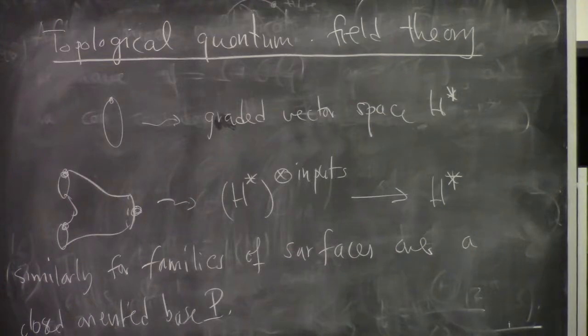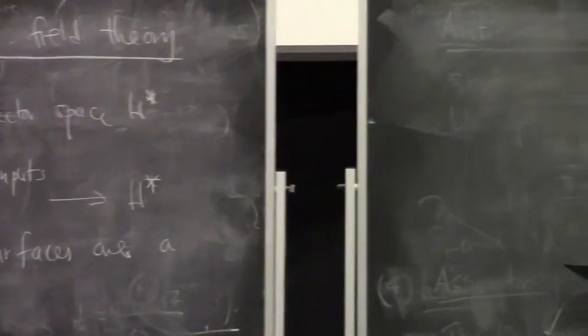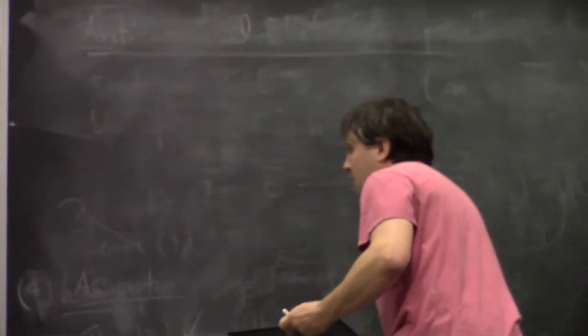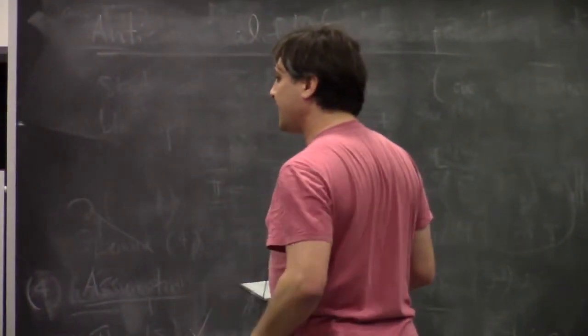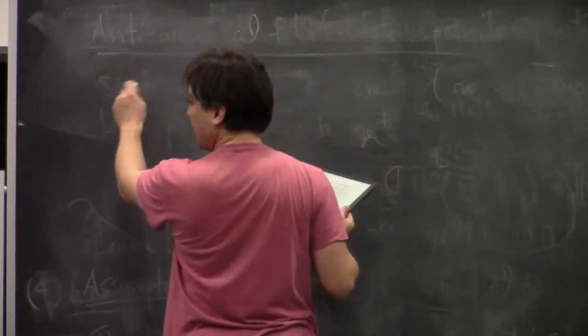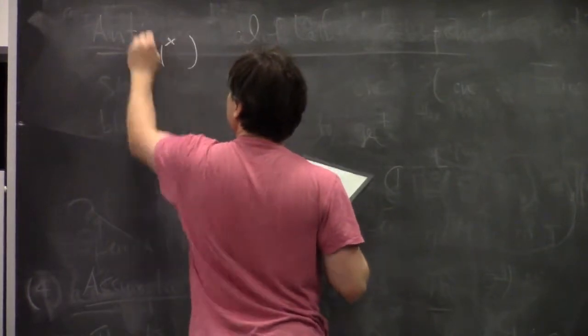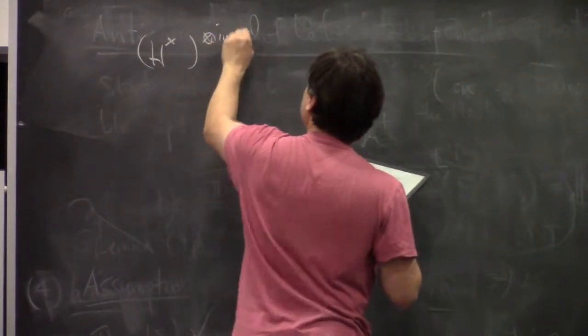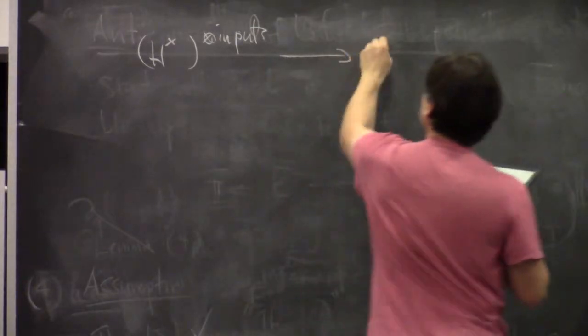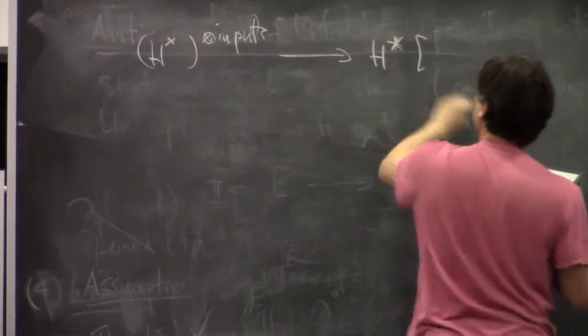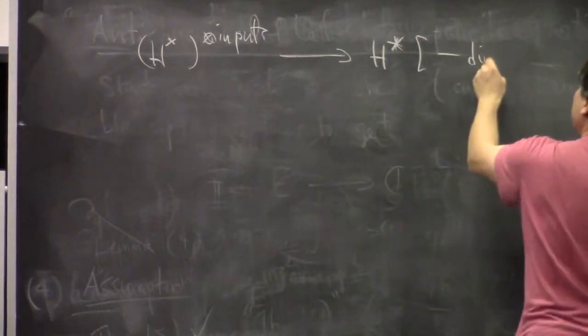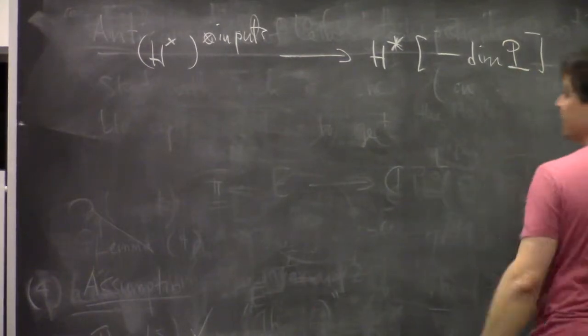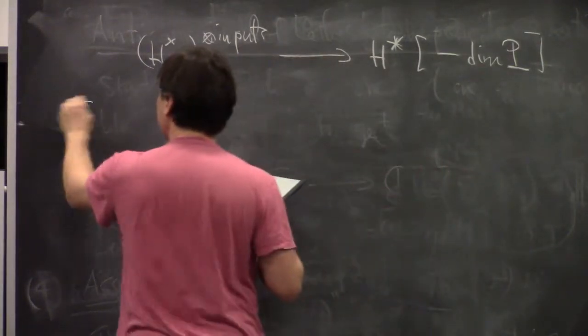So if you have such a family, you get a map from as many inputs as you have into the output, and the degree of this map is minus the dimension of your family.